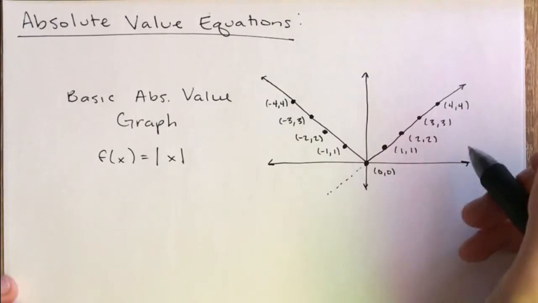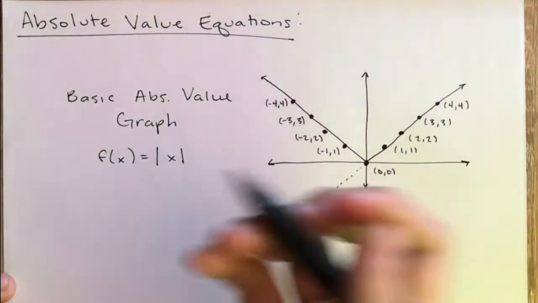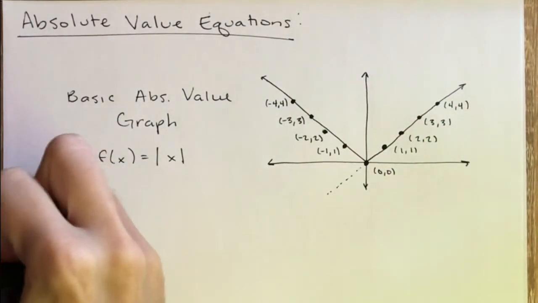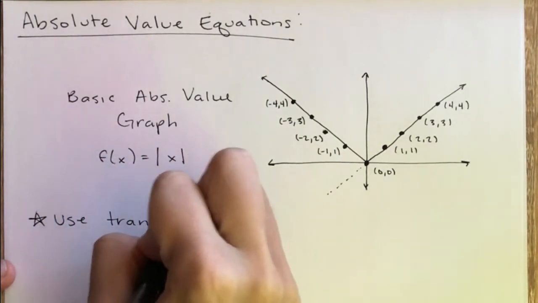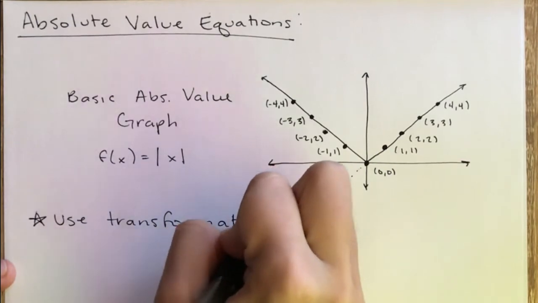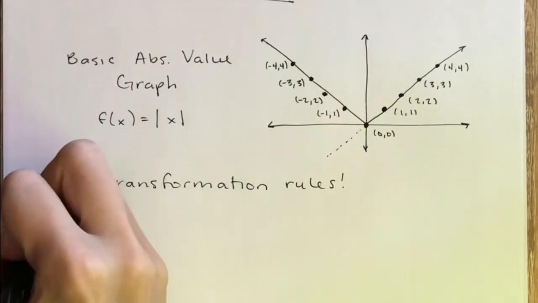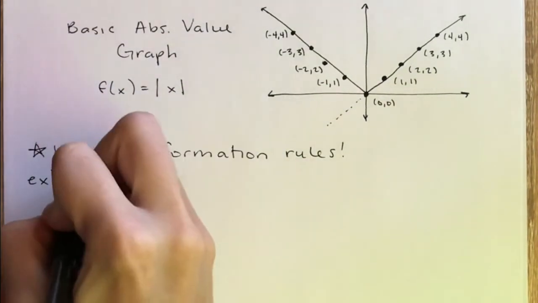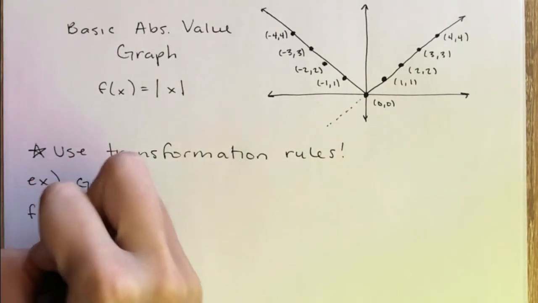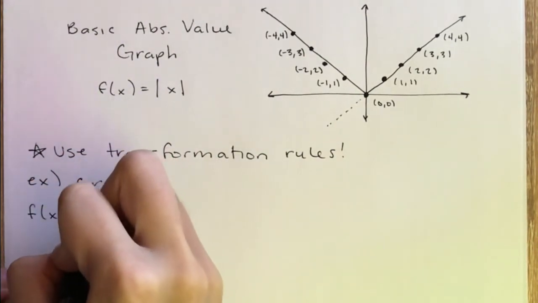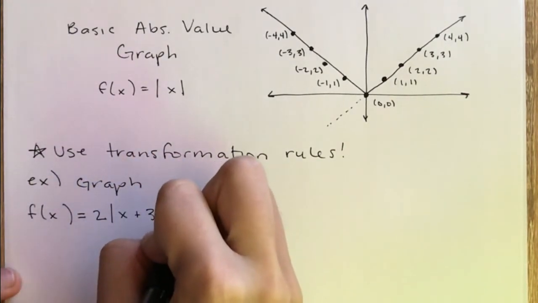Okay, so how do we graph absolute value equations? We just use our transformation rules. It's simple as that. So let's say we were asked to graph f of x equals 2 times the absolute value of x plus 3, plus 4.